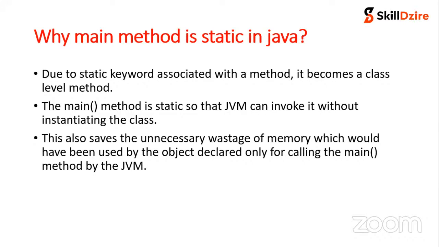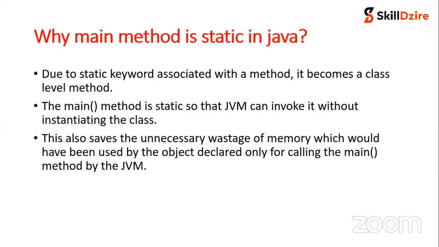In every program or application, writing this main method is mandatory. If the Java developers had not declared this method as static, then every time we would need to create the object of that particular class.